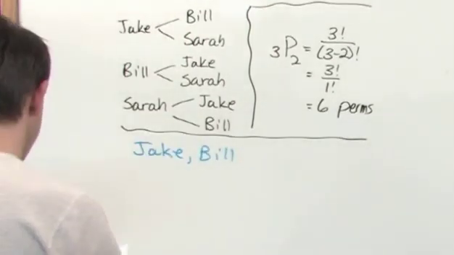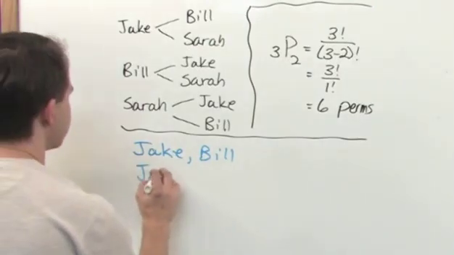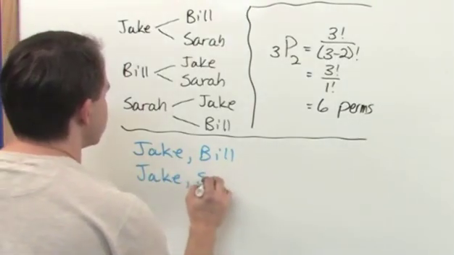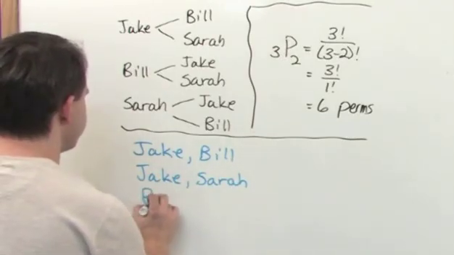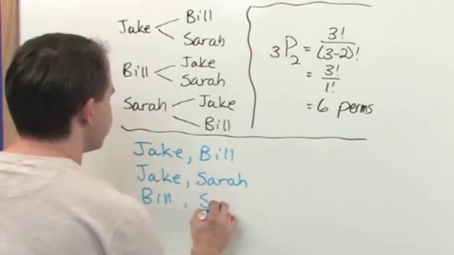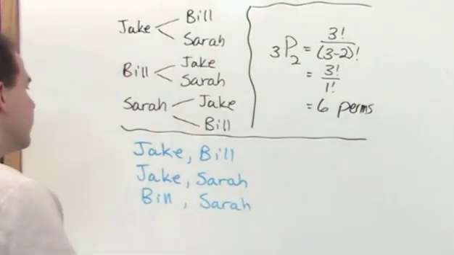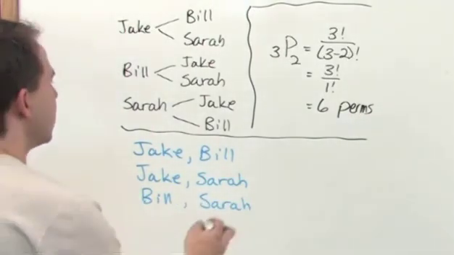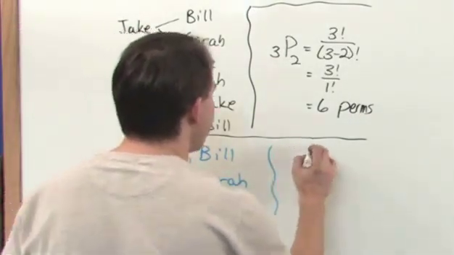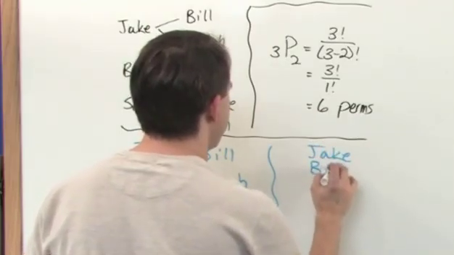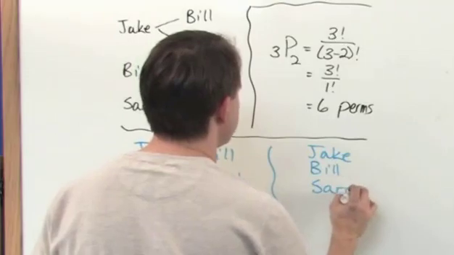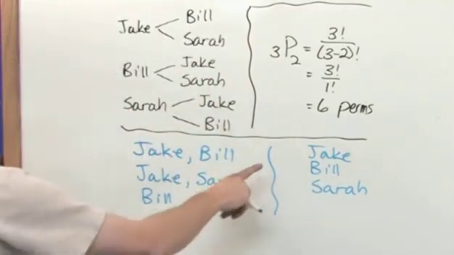We could pick Jake and Sarah to go on the trip. And we could pick Bill and Sarah. Now, please take a second to make sure that you agree with this. The only three people we have to choose from are Jake, Bill, and Sarah.